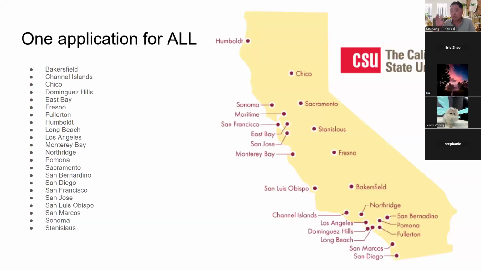Let's say you want to apply to 4, 5, 6, 7, 8 Cal States or more. You complete the application only once. And generally speaking, there's no essay, though some of the programs might have essays.